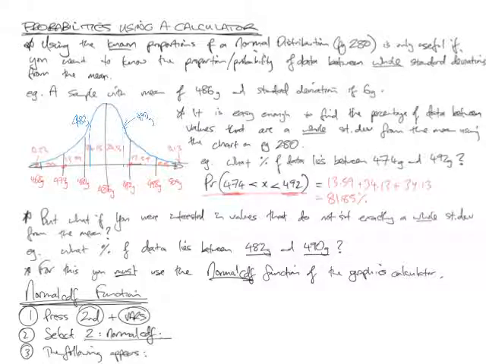Those don't sit exactly on a standard deviation. What do you do? You can't do it manually. You can't use the chart because you can't have a chart for every single value between 486 and 492. So you're going to use the NormalCDF function of the graphics calculator.